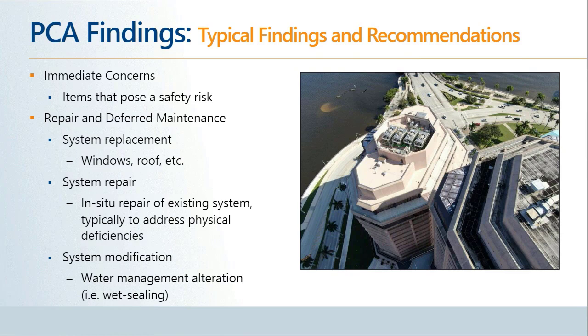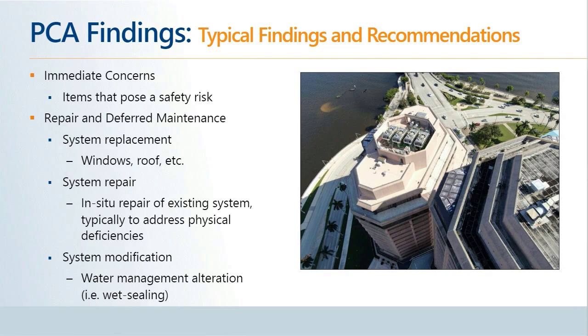Commonly, these conditions create a risk for the public, such as loose material on a building facade that creates an overhead fall risk for pedestrians below, or non-functioning safety systems such as a fire alarm panel. Given the risk associated with these types of conditions, they're typically discussed in advance of the issue of any reporting, but of course they're also denoted in the report as being an immediate repair need.